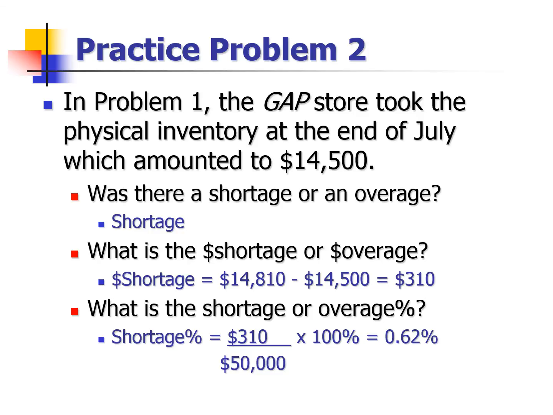And the shortage percent will be that shortage dollar over the net sales dollar, which were given in the previous problem. So that's $50,000 net sales, right? We had gross sales of $52,000 and customer returns of $2,000. So you subtract customer returns from the gross sales. That led to net sales of $50,000, right? So 310 divided by $50,000 is 0.62% shortage.